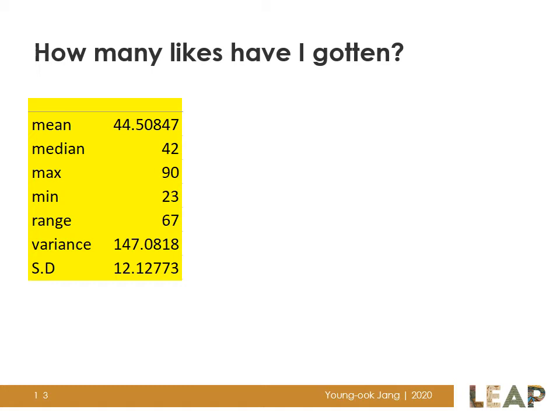The average number of likes that I get is 44.5, and the median is 42. The max I got was 90 likes in one posting, and the minimum was 23 likes. The range, which is the difference between max and min, is 67, the variance is 147, and the standard deviation is 12.